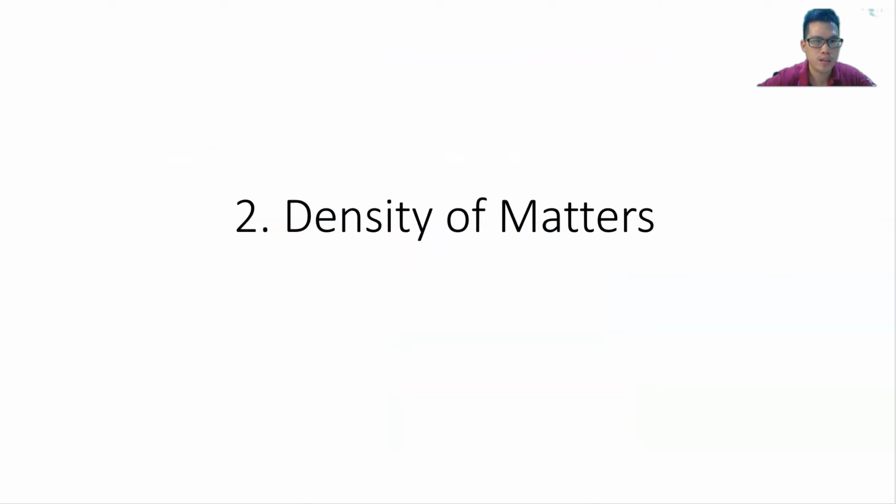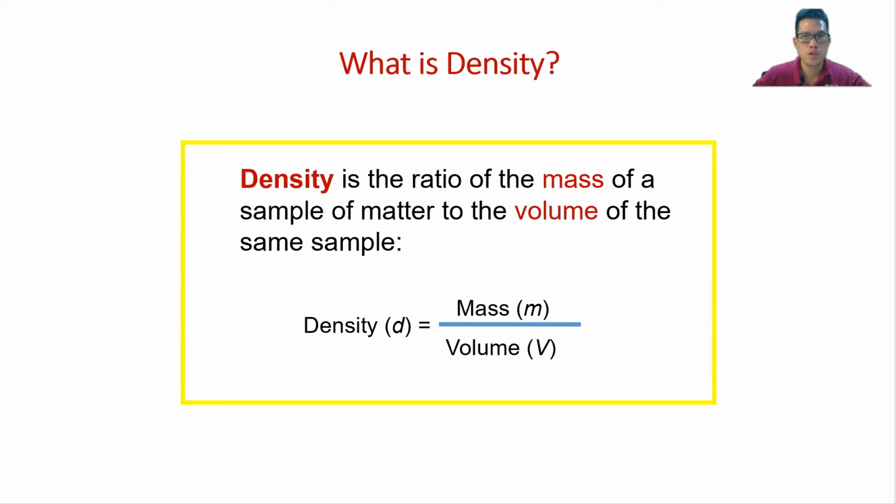Okay, the next, after the unit concept, is to learn about the density of matter. Okay, let's look at the density of matter. For density, you're looking at a specific volume, which means within this specific volume, how much mass is in it. Okay, so that is what we call density.